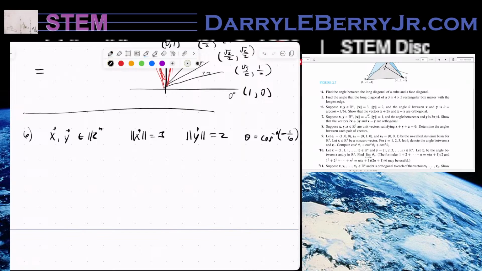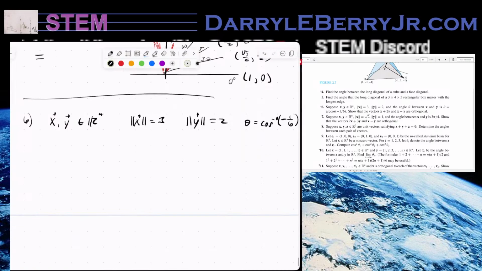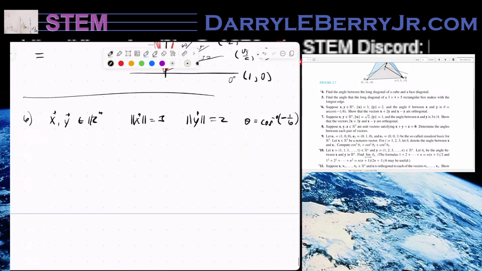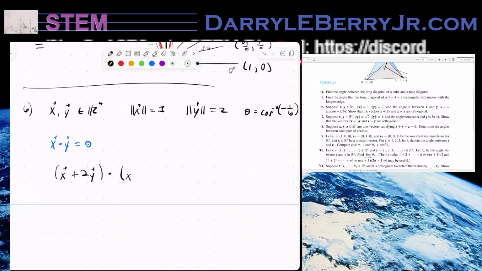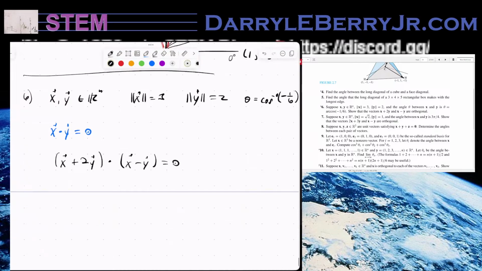Show that those vectors are orthogonal. Okay. So if vectors are orthogonal, for instance if X and Y are orthogonal, then their dot product equals 0. So if these two are orthogonal, that means that X plus 2Y dot product X minus Y equals 0.